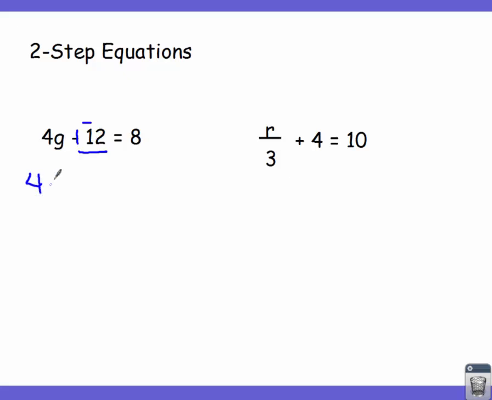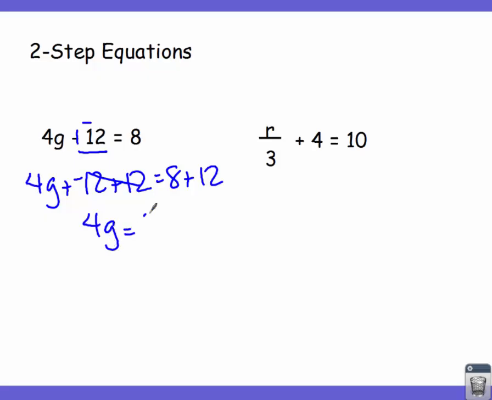So we do that by doing 4g plus negative 12 plus its opposite is equal to 8 plus 12 because we add the opposite to both sides. So the 12s zero out and we end up with 4g is equal to 20. Now to get rid of the multiply by 4, I do a divide by 4 and you end up with g is equal to 5.